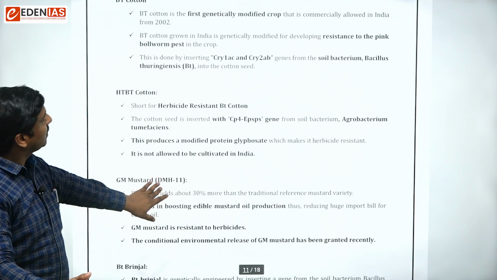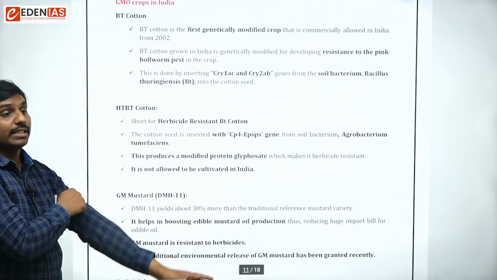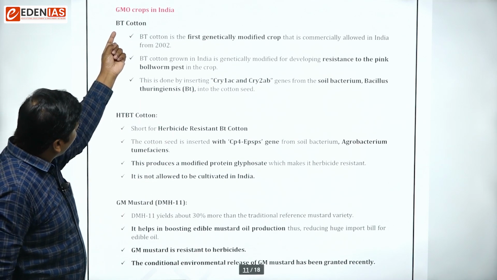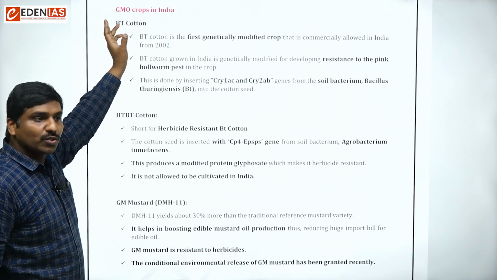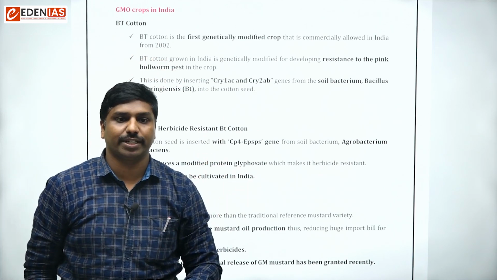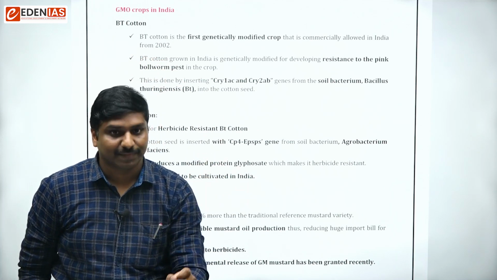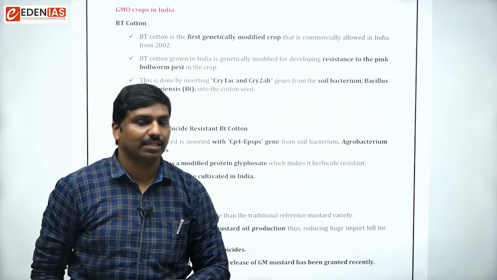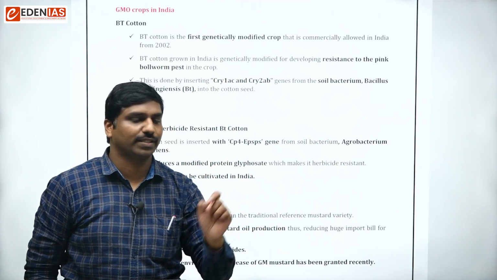So we have such kind of things. The important things you have to learn here: what is BT cotton, which gene is being used here, which process is used, and the aim of it. Such things have to be focused on.